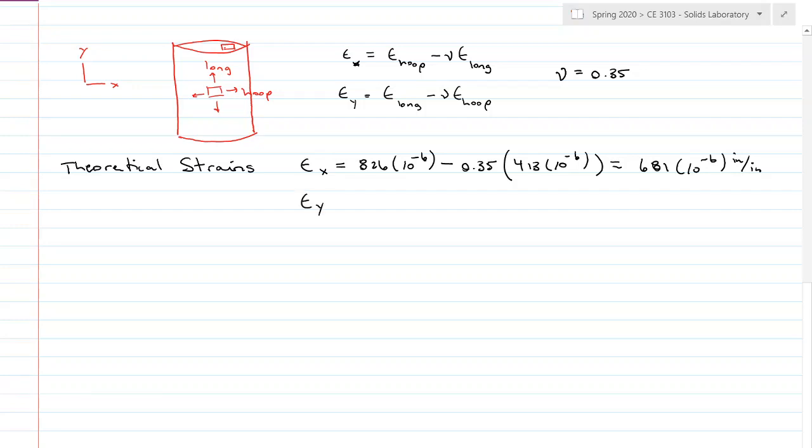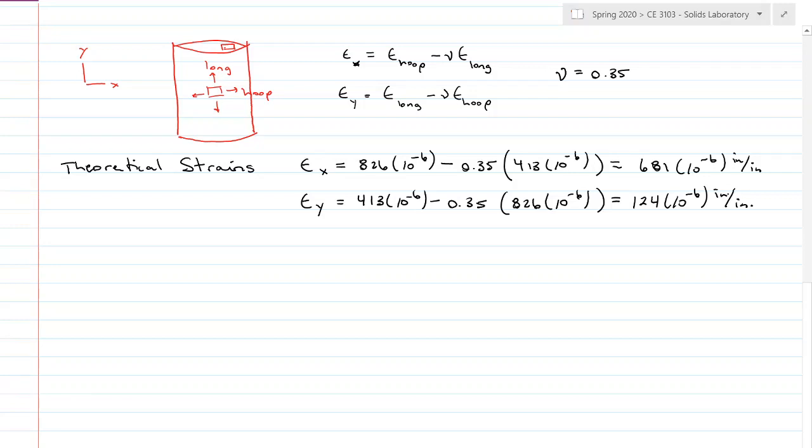And EY will be 413 times 10 to the negative 6 minus 0.35 times 826 times 10 to the negative 6, which is 413 minus 0.35 times 826, which is 124 times 10 to the negative 6 inches per inch.